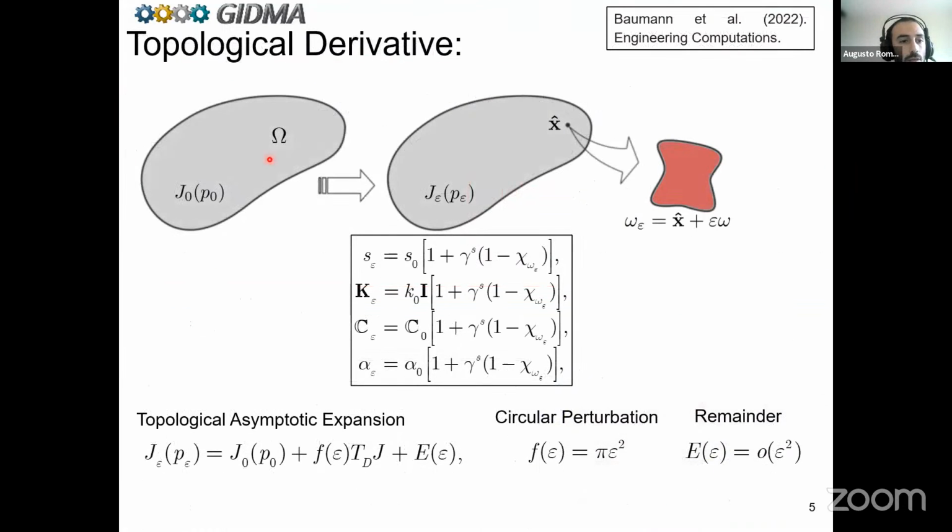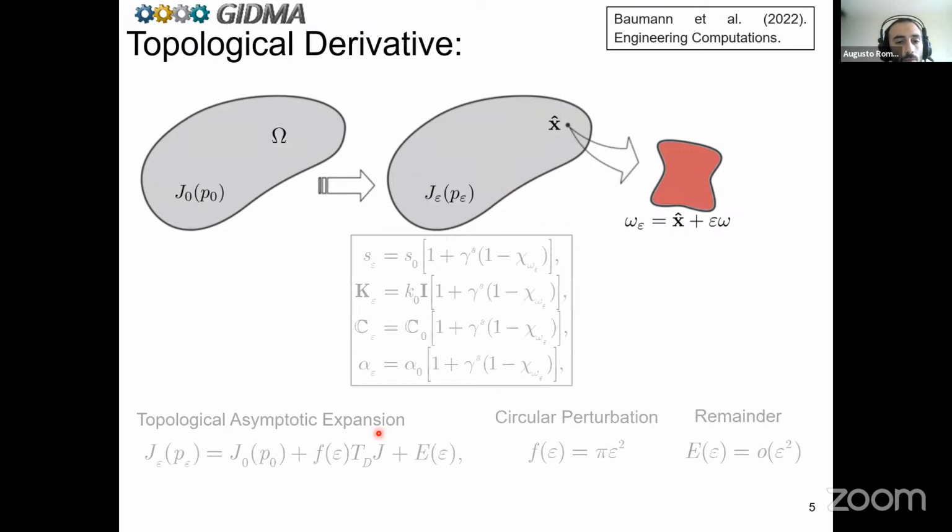Now consider a design domain and a cost functional defined on it. Then what we are going to do is introduce a perturbation which will be filled with different material properties than the design domain. We want to express the perturbed functional in terms of the unperturbed functional. We can do it by means of the topological asymptotic expansion, in which the first term will contain the so-called topological derivative.